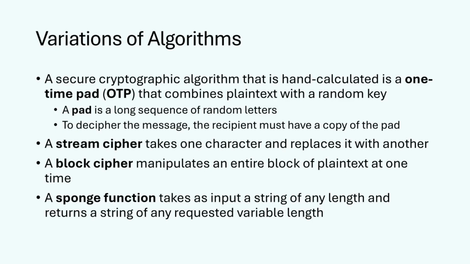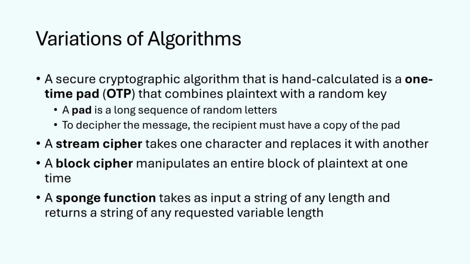Another way is stream cipher. Stream cipher changes one letter or number at a time, replacing it with something else, which is, let's say, a quick way to encrypt messages. Another way is block cipher. Block cipher looks at a whole part of the message at once and changes it, making it more powerful than the stream cipher.